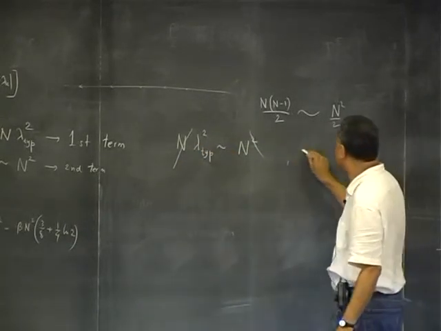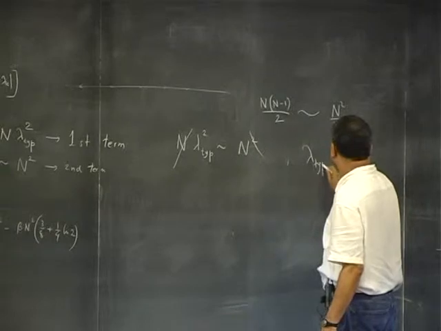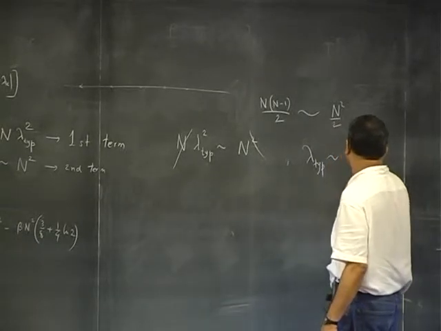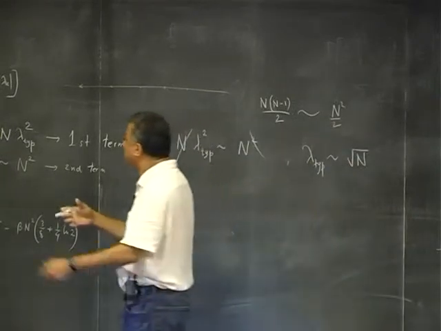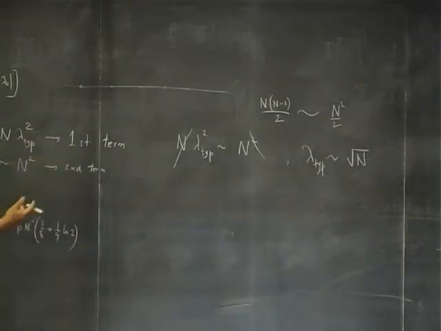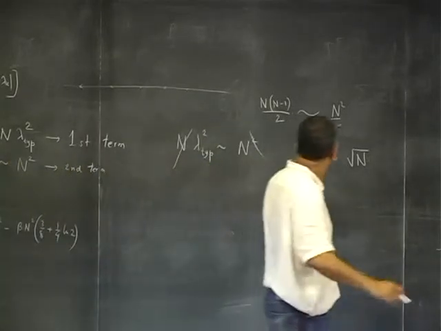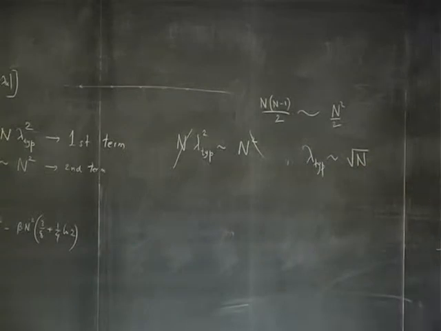So this gives you that lambda typical scales like the square root of n. For example, imagine you are doing a simulation: you take this matrix, diagonalize it, calculate the eigenvalues, and look at the typical eigenvalue. You will see that as you increase your matrix size, it typically scales as the square root of n.